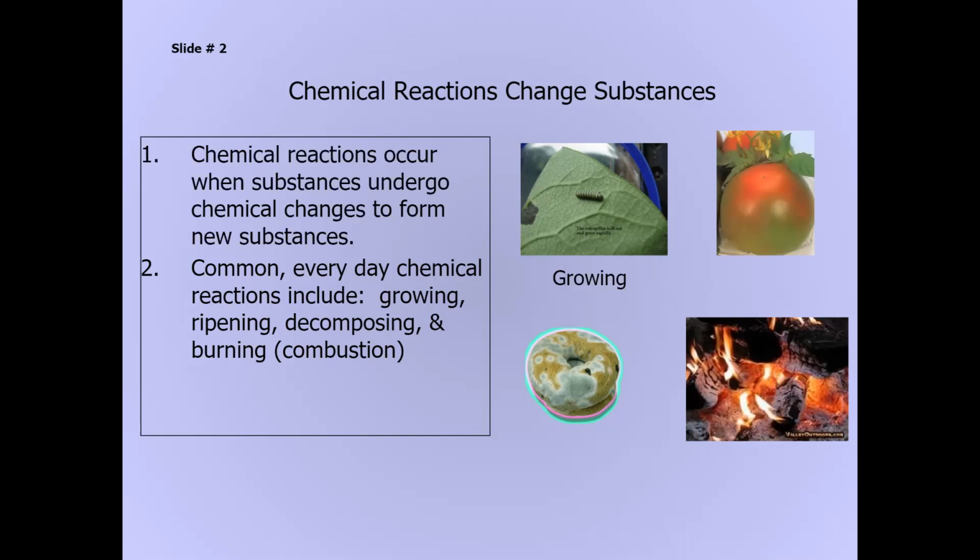And then the cells in the caterpillar's body will turn those substances into chemical energy. So we've taken leaf material and turned it into caterpillar energy material, which is then used for moving, growing, reacting to their environment, stuff like that.